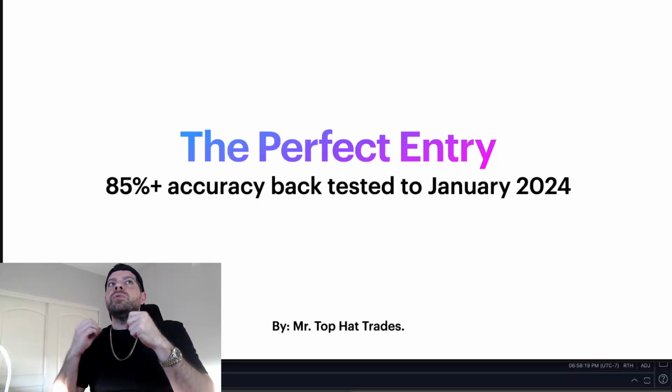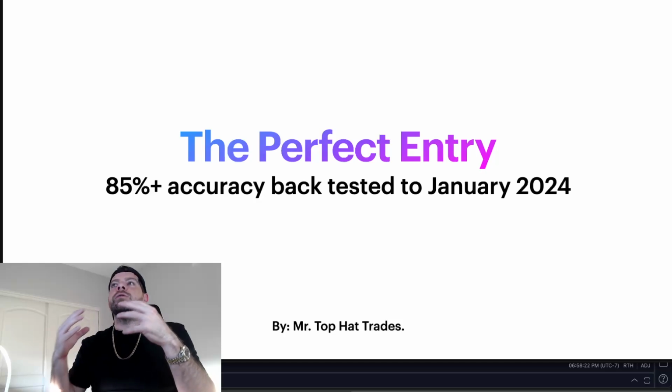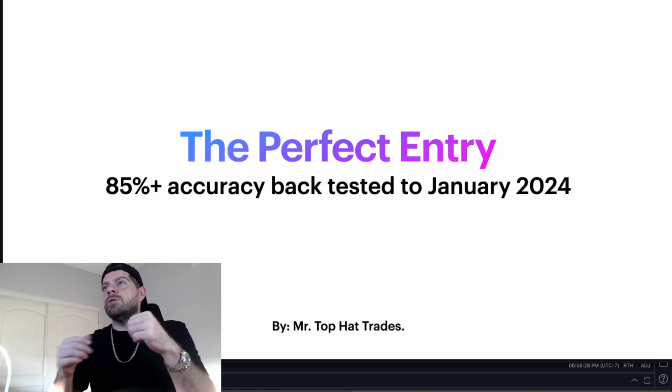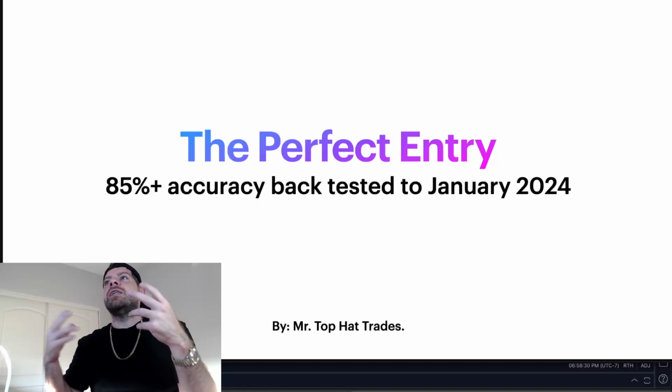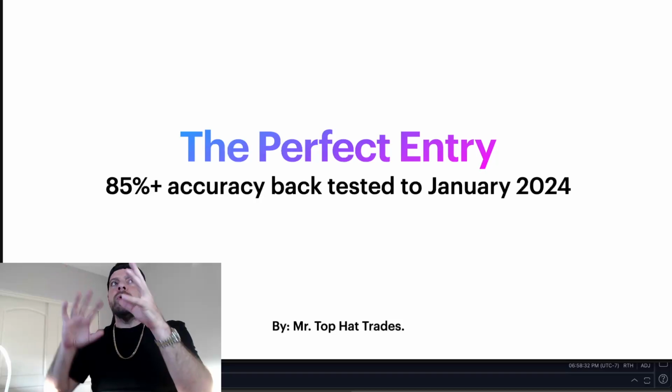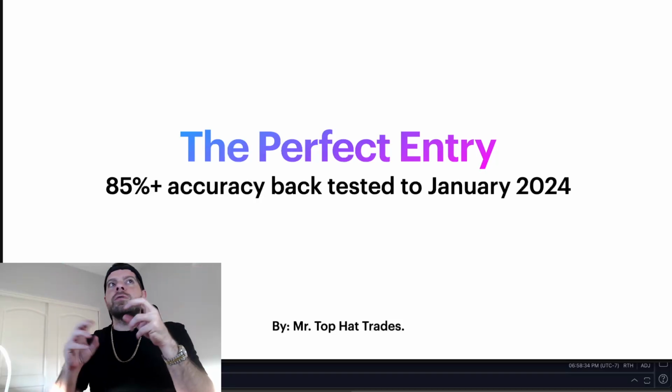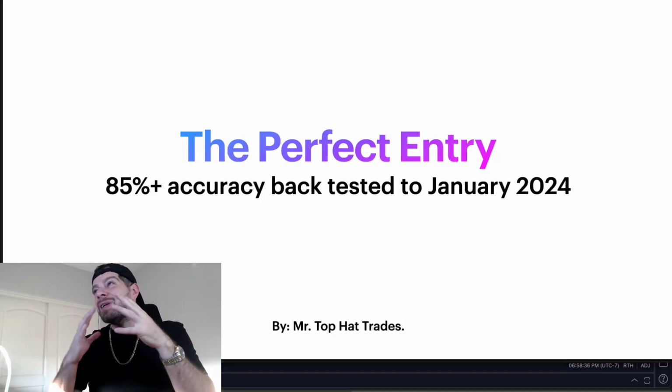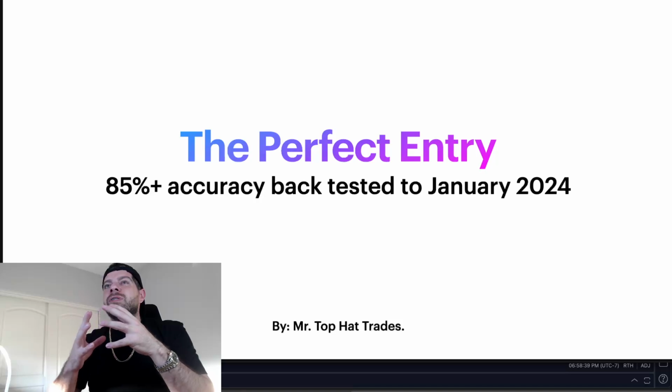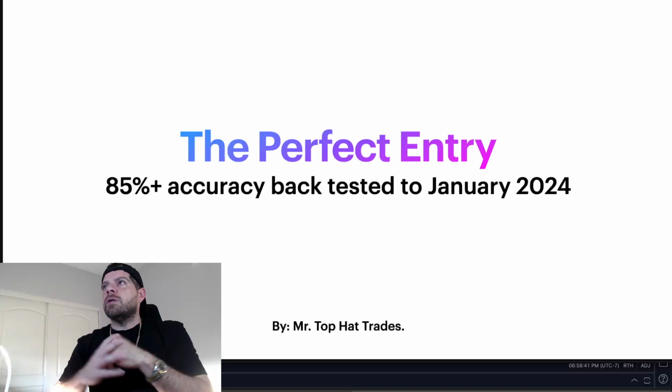This can help you get a better entry than almost any other indicator out there, from what I know. And I've used a lot of indicators, just trying to see how can I save time? Instead of me going and looking through all these charts trying to get the perfect entry, how can I save time? I tried all these indicators and they were horrible.